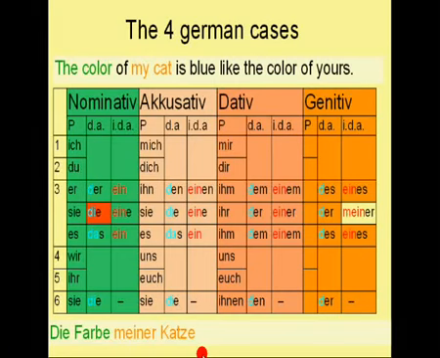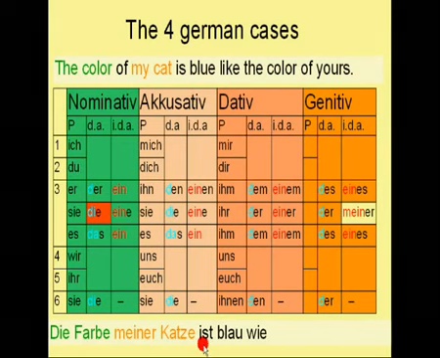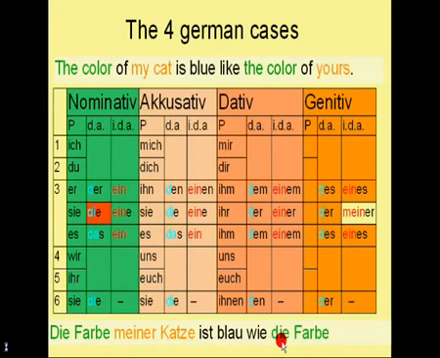The sentence continues with is blue like, and in German ist blau wie. And then the color again is the subject of the sentence, and therefore in the nominative case, die Farbe. Now yours is a possessive pronoun that replaced the noun. Which noun? It replaced the noun color, which is feminine and singular.